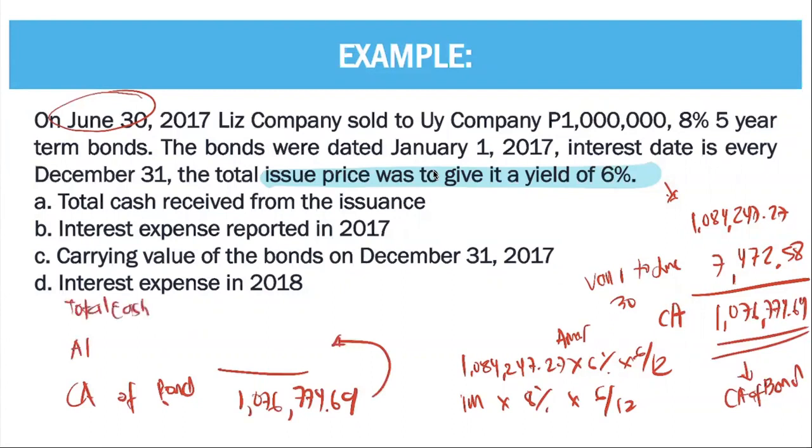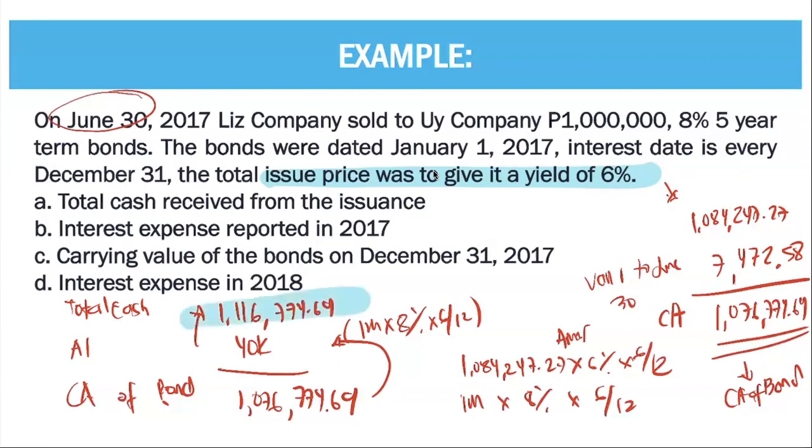So let's compute for our accrued interest. That is 1 million times 8% times 6 over 12. 40,000. So how much is our total cash? 1,076,774.69 plus 40,000, we have 1,116,774.69.